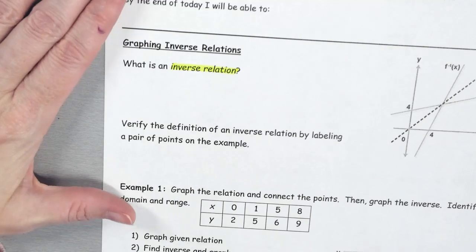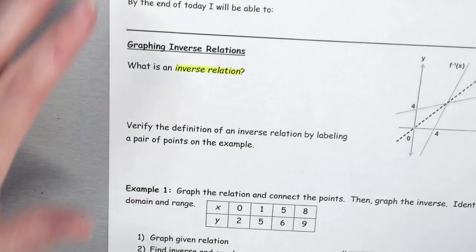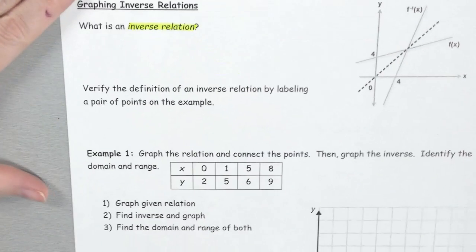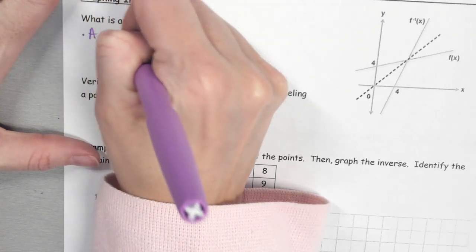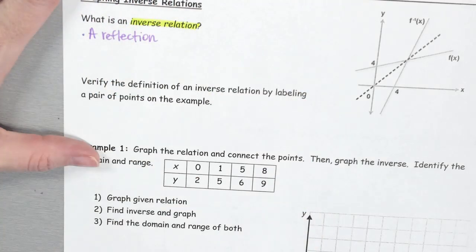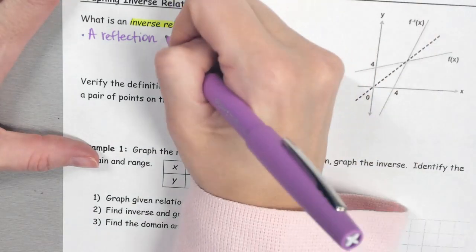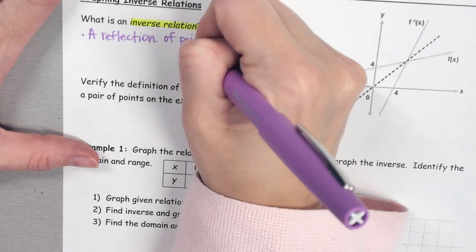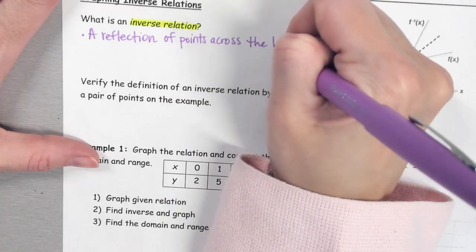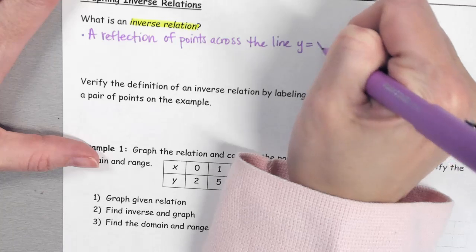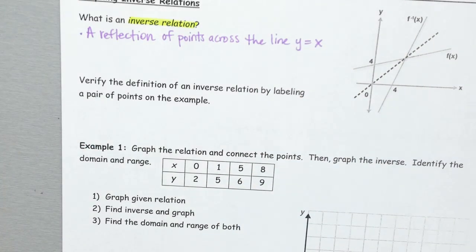Okay, so an inverse relation is a reflection of points across the line y equals x. The line y equals x is really special with inverse relationships.